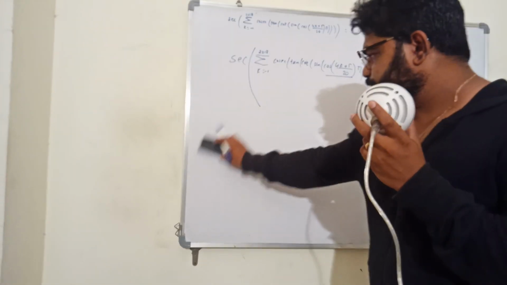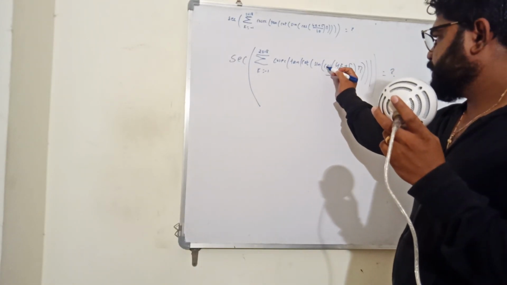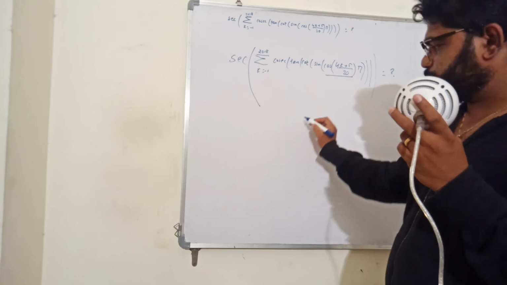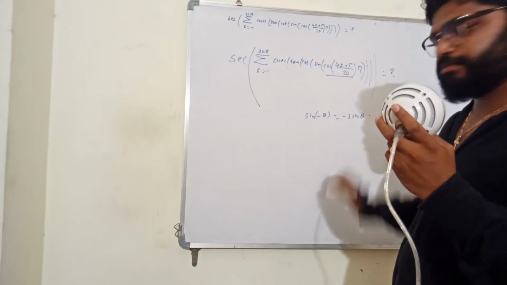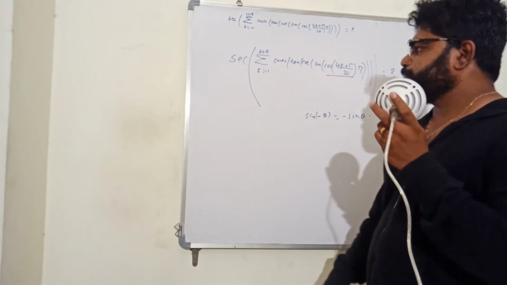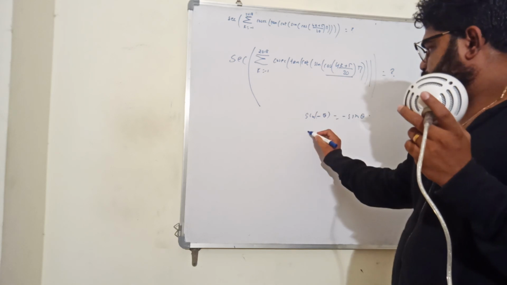There is another thing you have to identify about this problem: when cos becomes negative, sine also becomes negative, because sine of minus theta is equal to minus sine theta. This is one property that we know about sine theta.